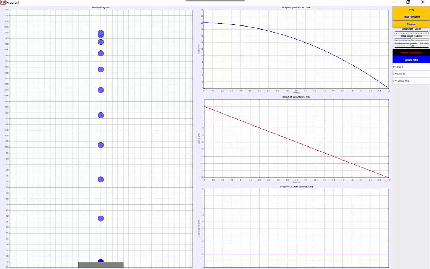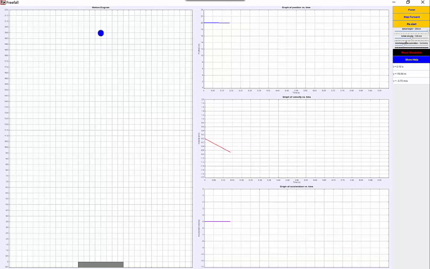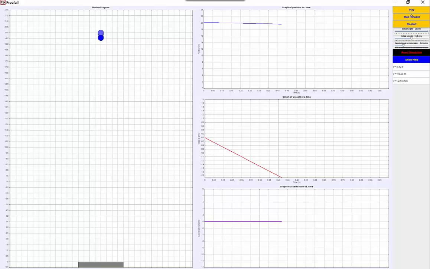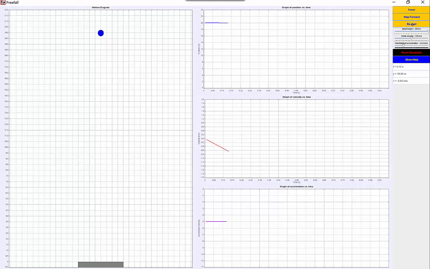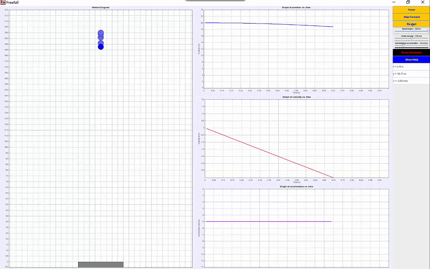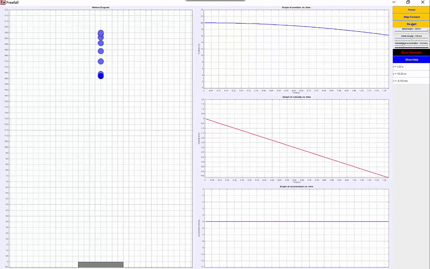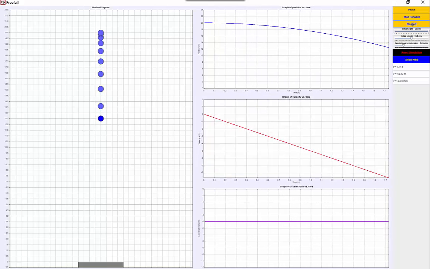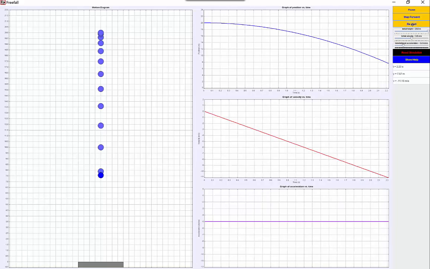Now I can change this. What if our acceleration, let's say, is about 5? Then we can see that it falls at a much slower rate. Its velocity-time and position-time graphs are very long.